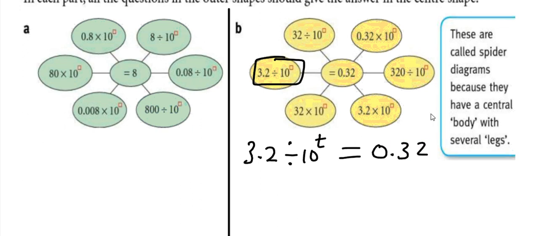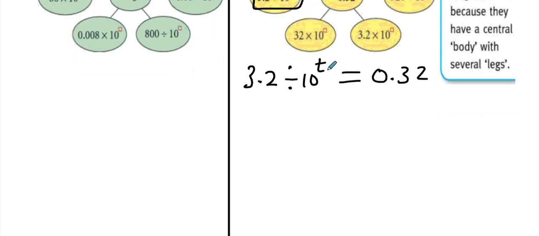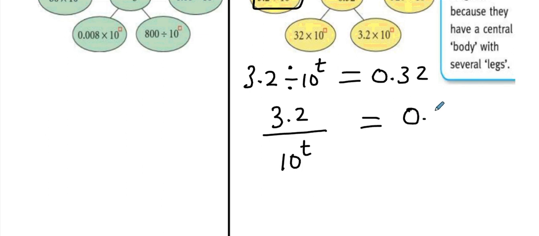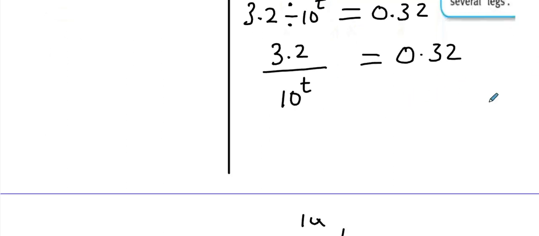Good. Then this is a division sign. So what we do, like I said earlier, we write this as a fraction. So this will be 3.2 over 10 to the power of t equals 0.32. See that?